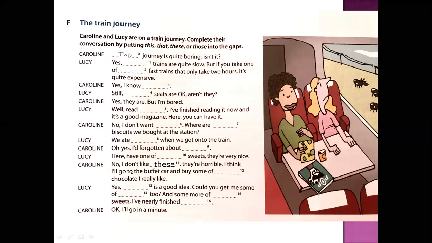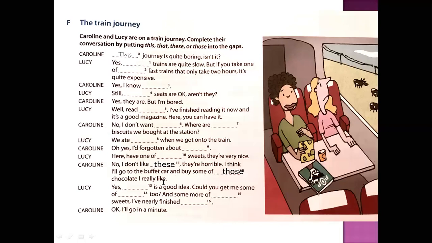I think I'll go to the buffet car and buy some of that chocolate. I will buy some of those. Some of those chocolates? Those? No, that. Why?